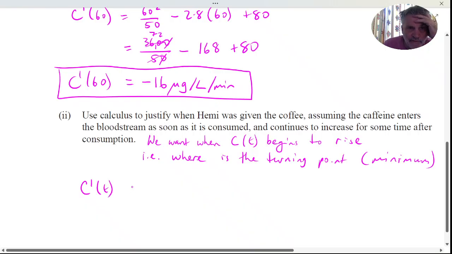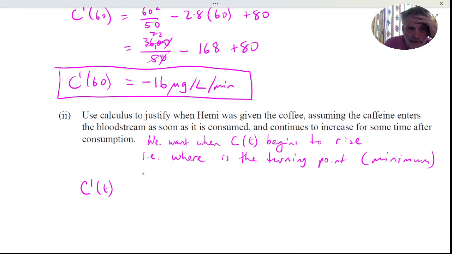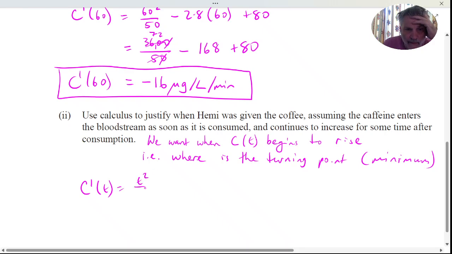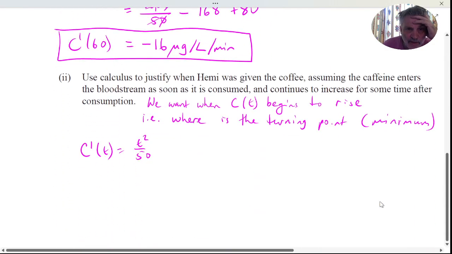So that's the derivative that we found, which was t squared over 50 minus 2.8t plus 80. We want to find when that's 0.